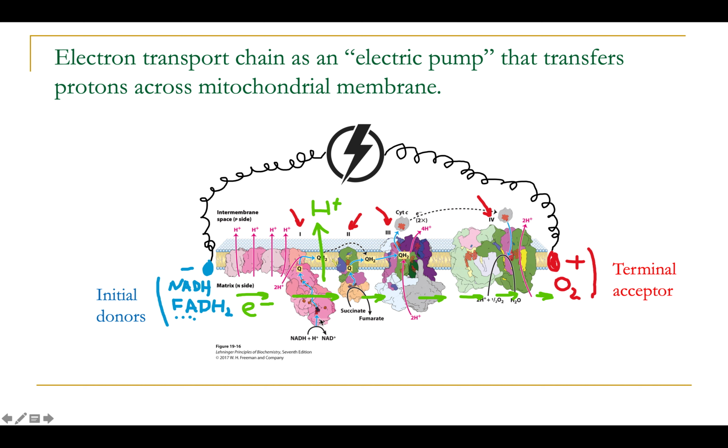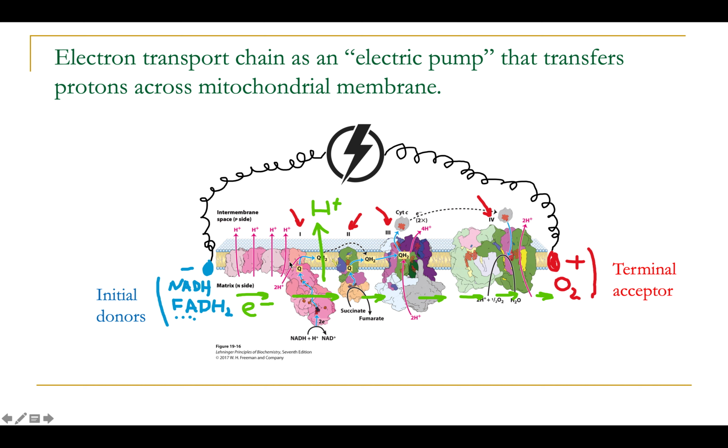For example, the oxidation of the reduced form of complex 1 by ubiquinone would release free energy. And this free energy is harnessed by the large protein complexes within the respiratory chain, complex 1, complex 3, and complex 4, to power the conformational changes within these complexes.